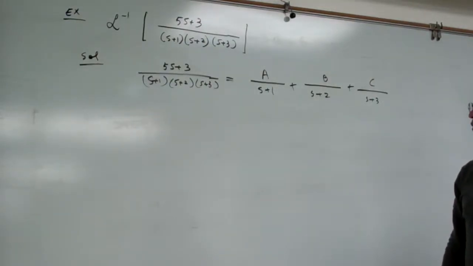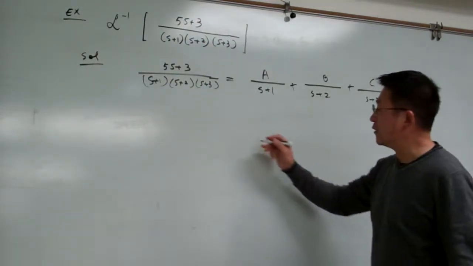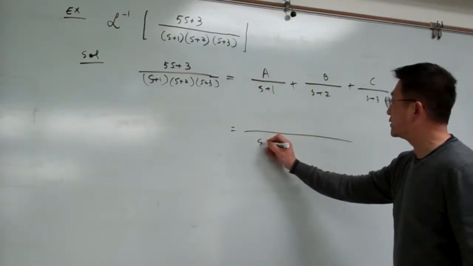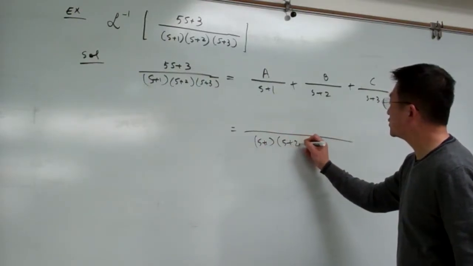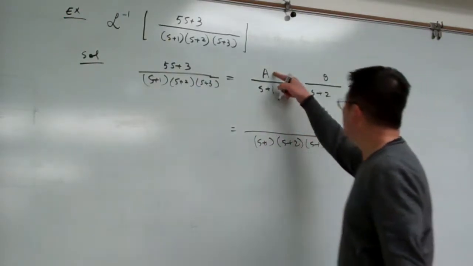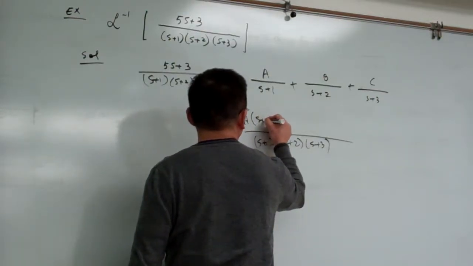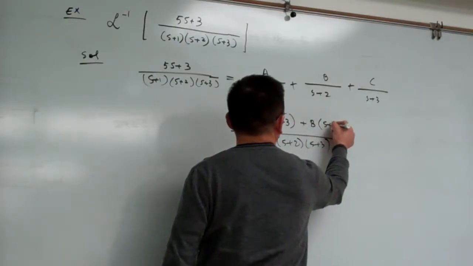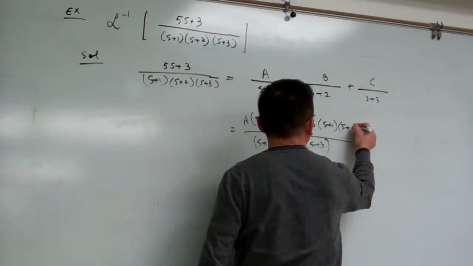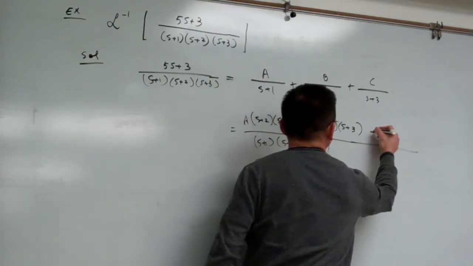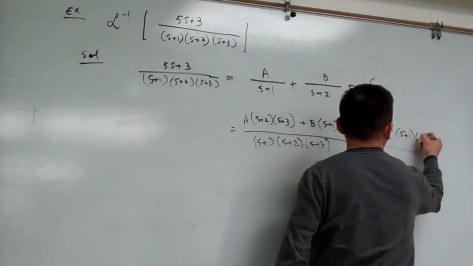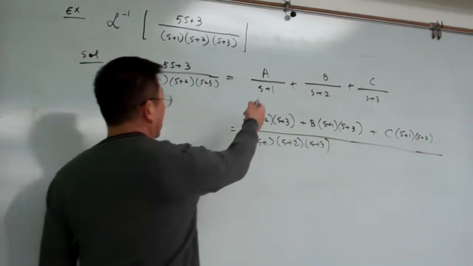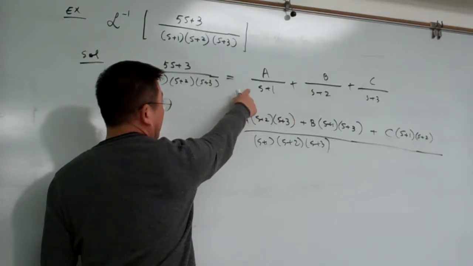Basically the two things are equivalent. Usually to determine A, B, C, you can try this. The below is our scratch calculation. You can factorize everything together and multiply together, so 5s plus 3 would be equal to A times s plus 2 and s plus 3, plus B times s plus 1 and s plus 3, plus C times s plus 1 and s plus 2. That is our assumed fraction.